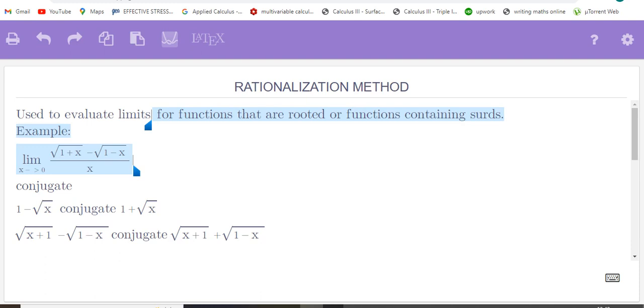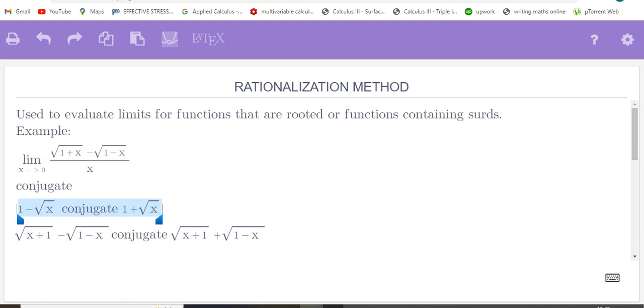Before I evaluate this, I need to bring you to some knowledge related to the conjugate. In case you have 1 minus root of x and you are told to write the conjugate of that function, how do you write it? Easy. Just change the sign in between 1 and root of x to plus.